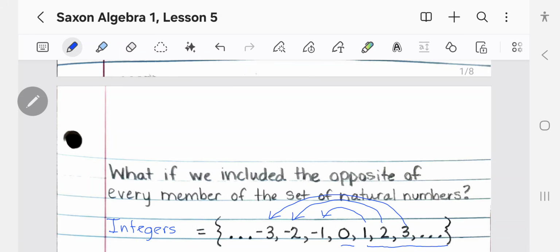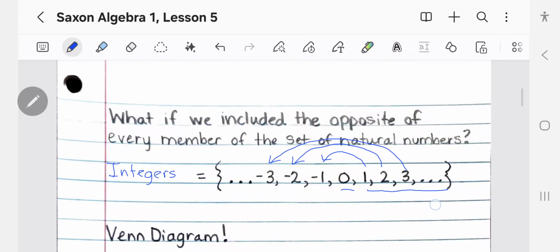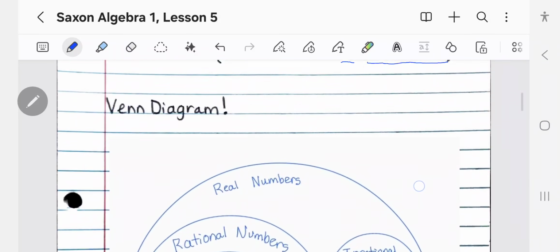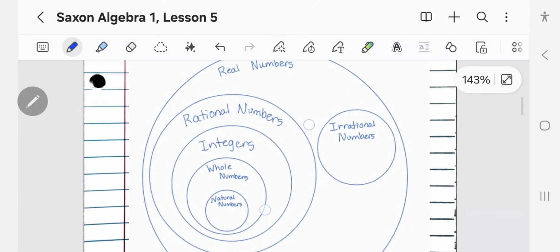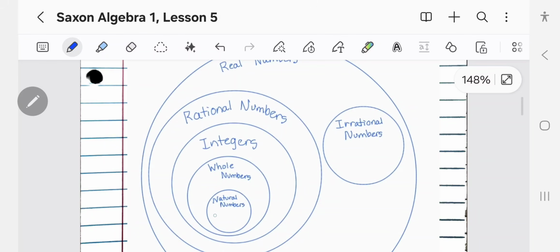So here's another set of numbers that we can talk about. And so I redid the Venn diagram here so we can kind of look back at what we talked about the other day. We know the natural numbers are 1, 2, 3, and it keeps on going. We know whole numbers include the natural numbers because the natural number circle is inside of the whole number circle. So whole numbers include all of the natural numbers, but whole numbers also includes 0.